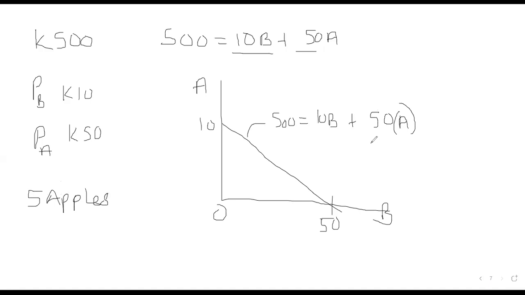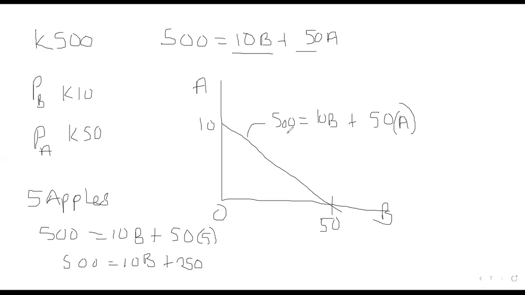So we go to the apples, where there's apples, we put 5. So we're going to have 500 equal to 10B plus 50A. So where there's A, we put 5. So we want to calculate how many would be for the bananas. So when we compute this, we have 250, which will go on the other side.